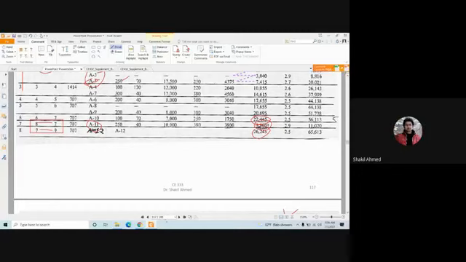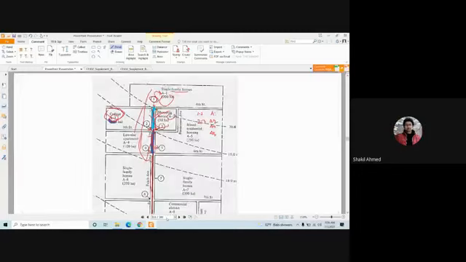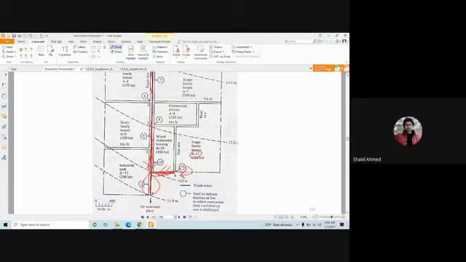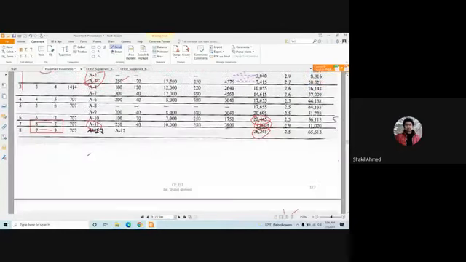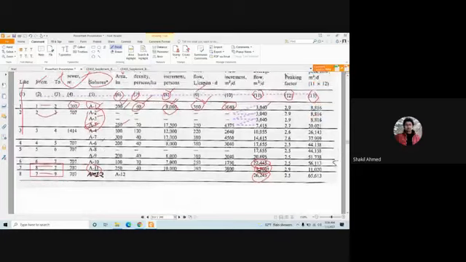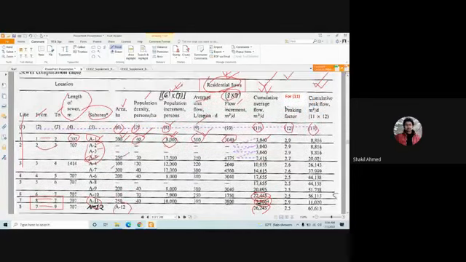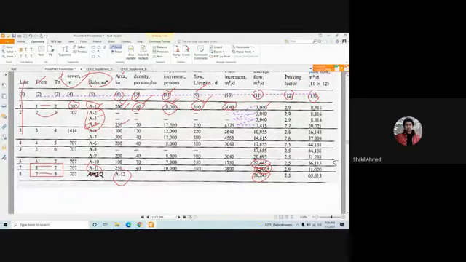A12. Why didn't you write A12, by the way? Because A12 is not a residential area. Is it? No, it's a residential area. Let me check again.